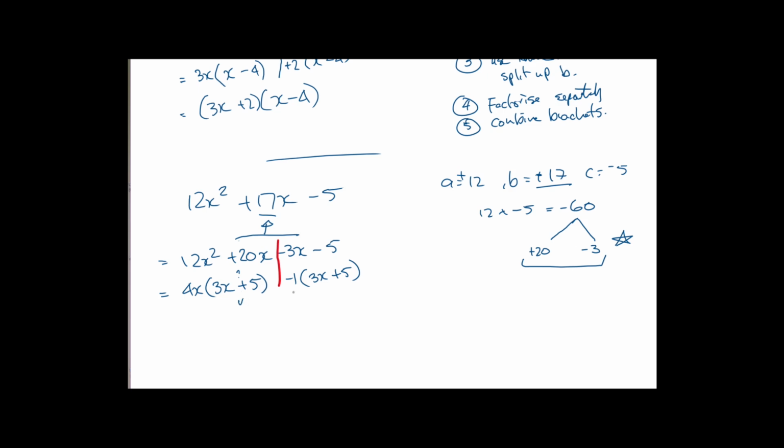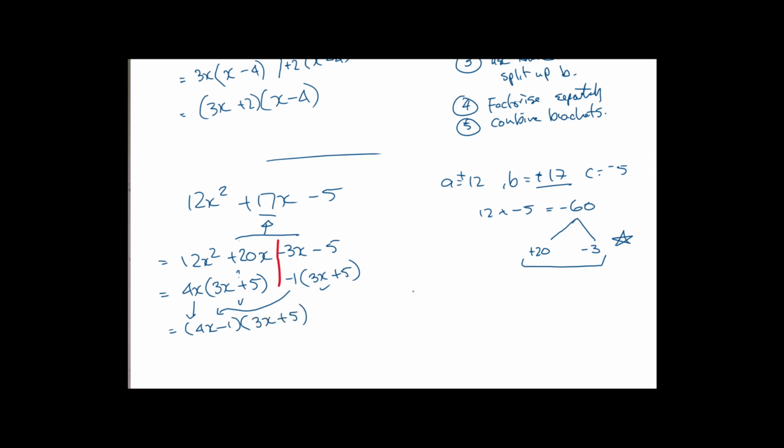So we have the same bracket there, and then we're going to collect the terms outside the brackets and insert the terms that are inside that bracket. So the 4x and the negative 1 go into that bracket, and we bring down this bracket here.